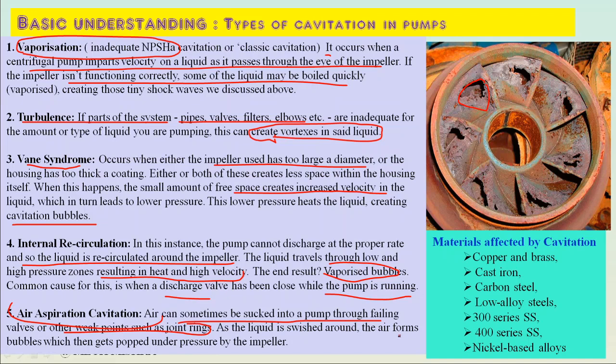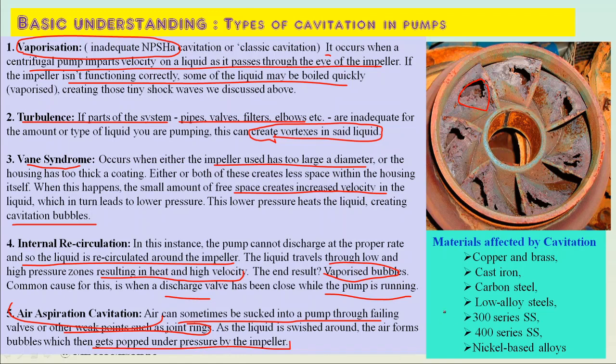The air forms bubbles which get popped under pressure by the impeller. So the air gets sucked into the liquid, forming bubbles which pop around the impeller and the casing. So these are the basic reasons for cavitation to happen in the pump.